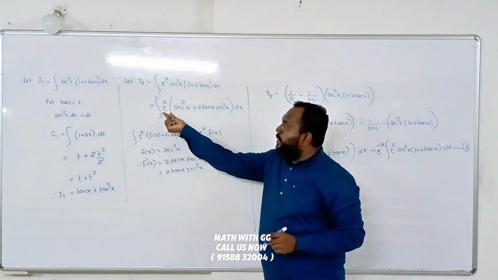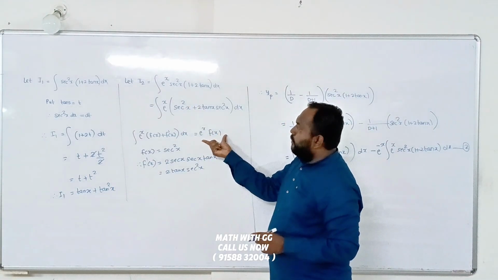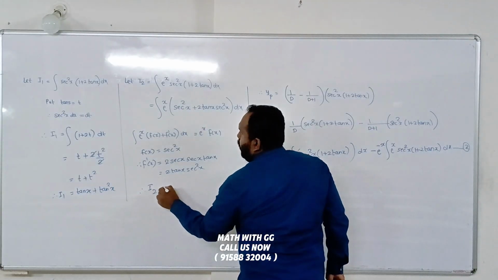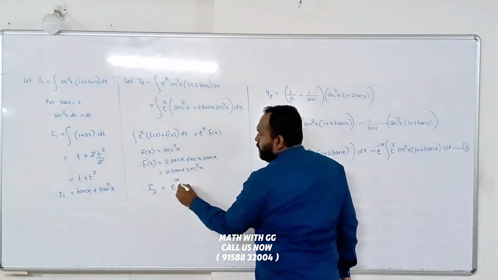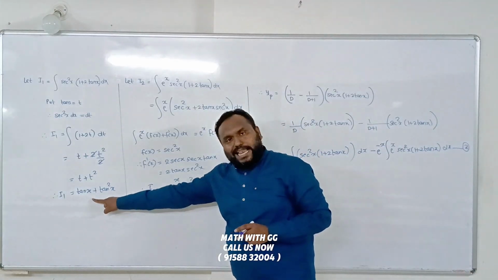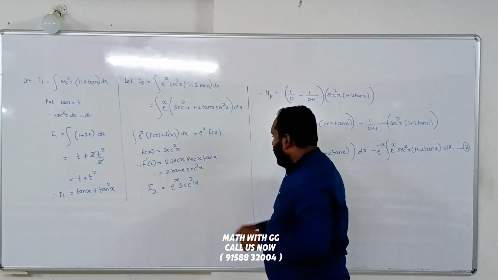So clearly it is of the form e raised to x, f of x plus f dash of x. So if you apply this formula, we get I2 is equal to e raised to x into f of x, which is sec square x.